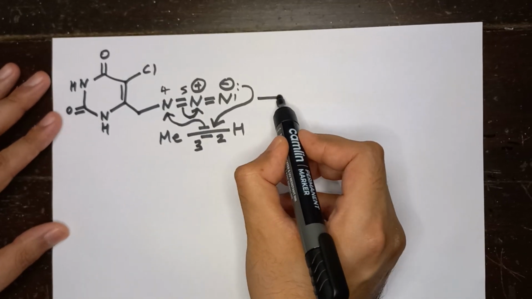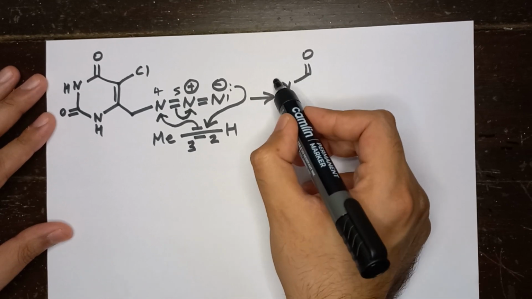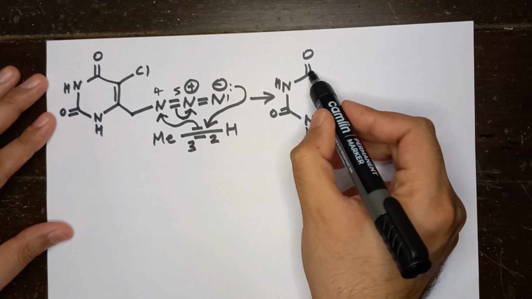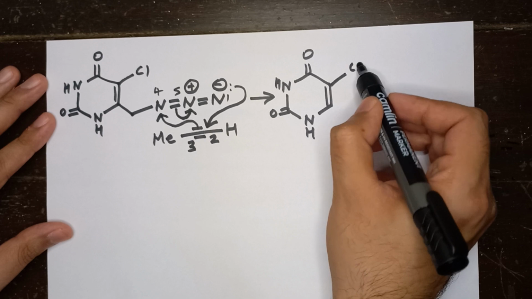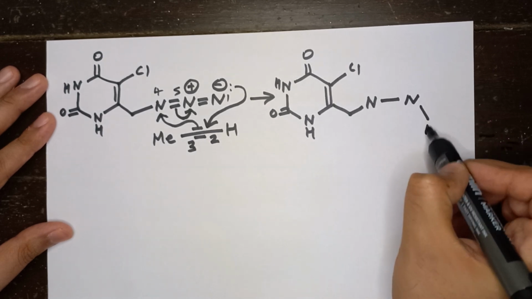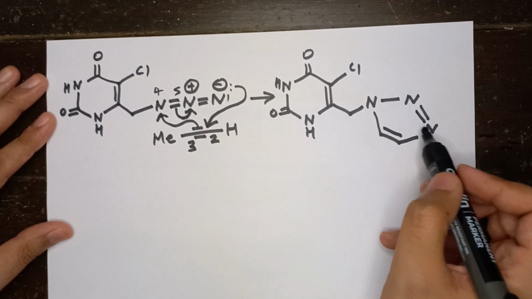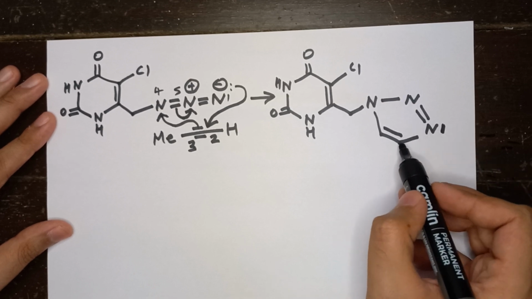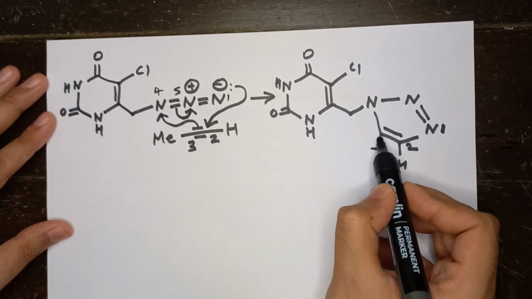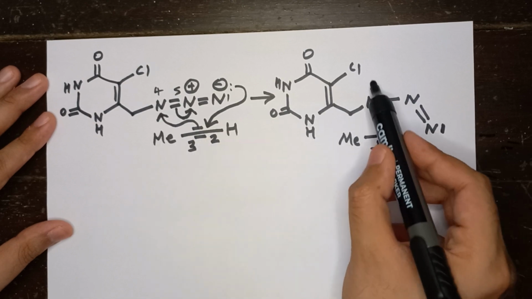So this will give me, so this is nitrogen number 1 bonded to carbon number 2 which has hydrogen. 2 is doubly bonded to 3 which has methyl group. 3 is singly bonded to nitrogen number 4.